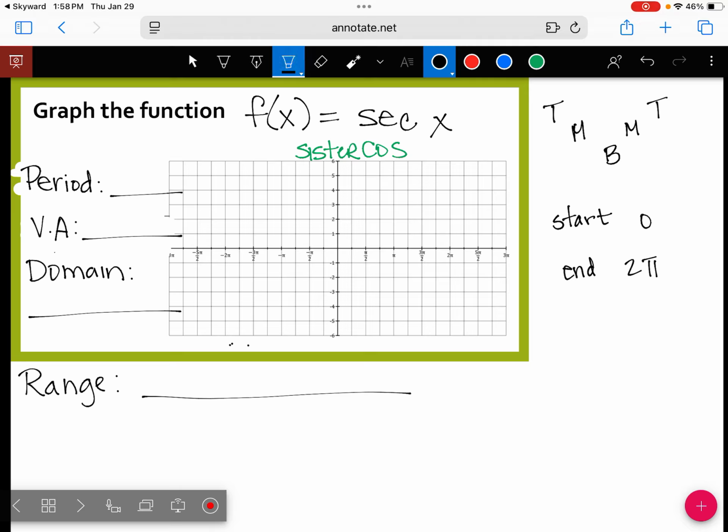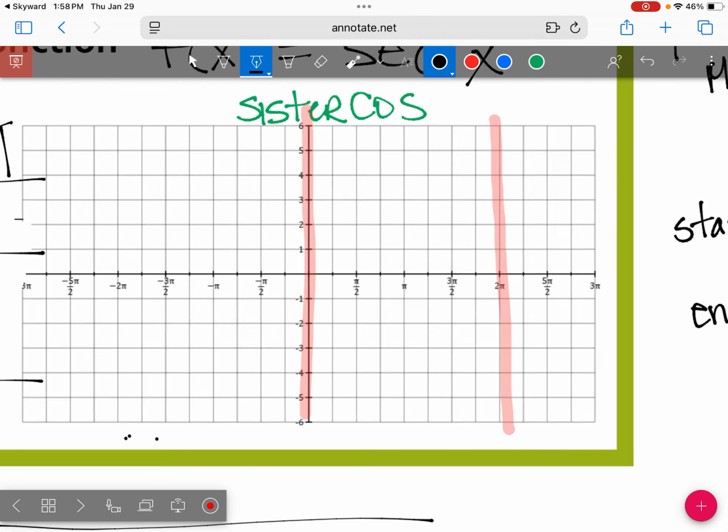For this one, I'm starting at 0 and ending at 2 pi. My period is still 2 pi. Now, the parent function goes up to 1. If you look at your unit circle, the cosine of 0 degrees is 1. So I'm starting at 1.